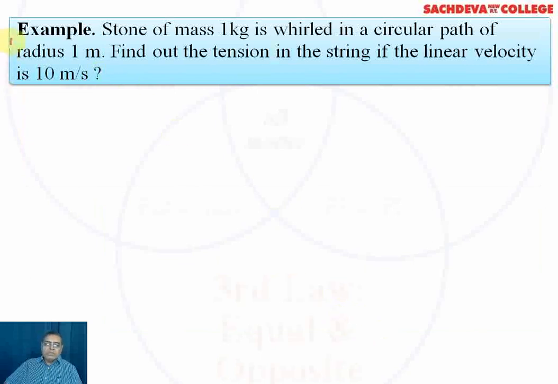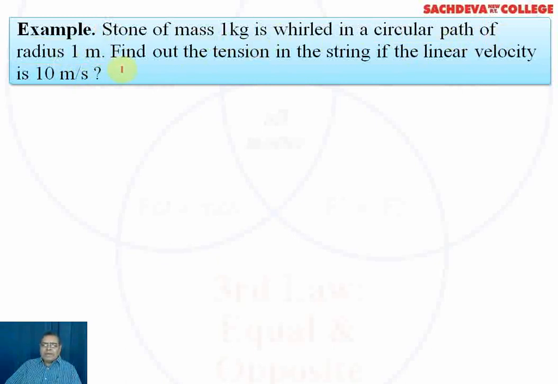Now we come towards certain examples in which we are using the centripetal forces and centrifugal forces. In one example, a stone of mass 1 kg is whirled in a circular path. Radius of the path is 1 meter.